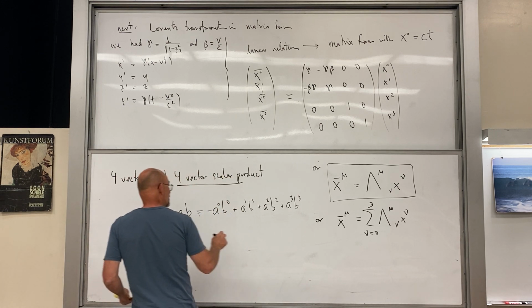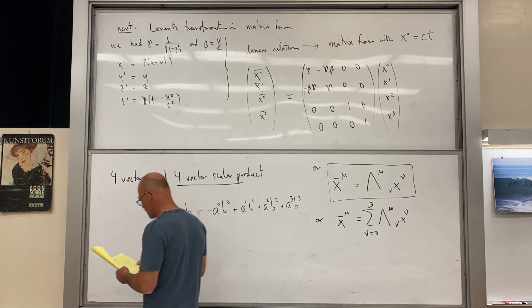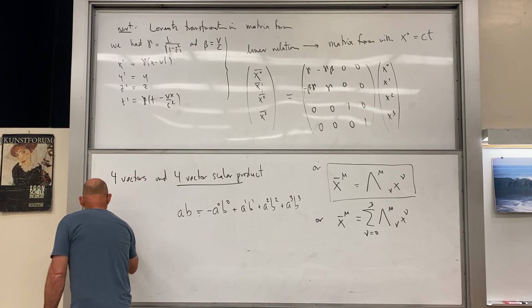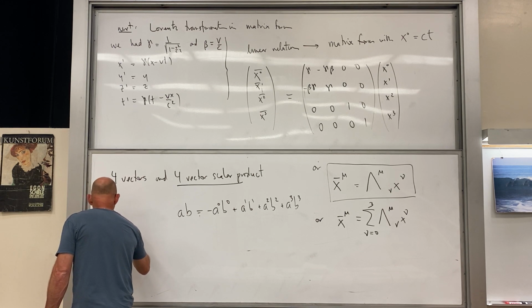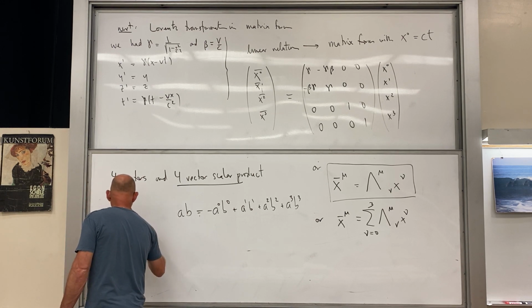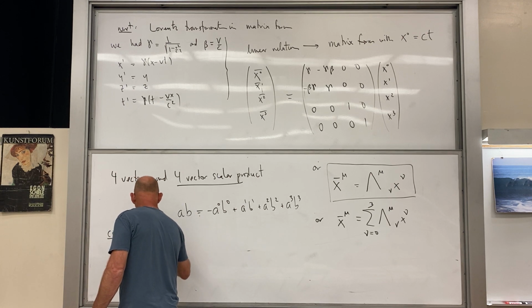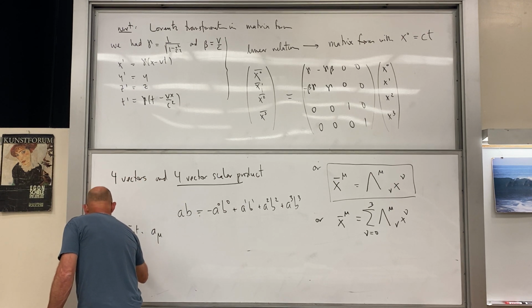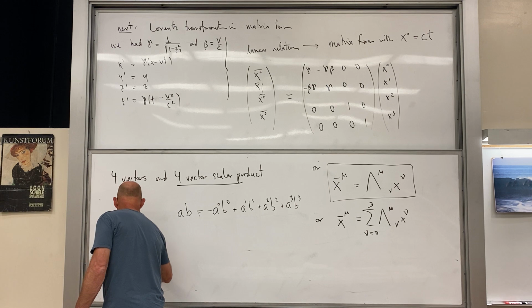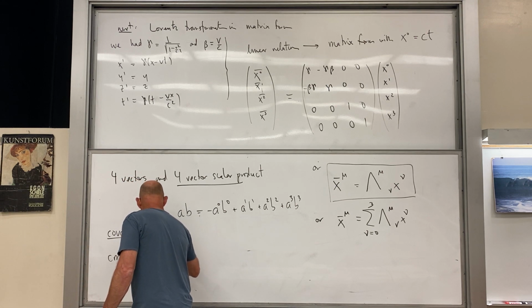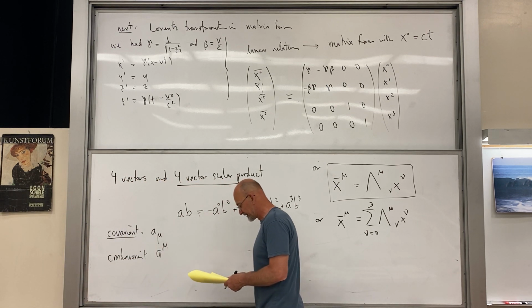Now, we've got a formalism for upper and lower indices, so we're going to call covariant if we write A mu, and contravariant if we write A with a superscript mu.